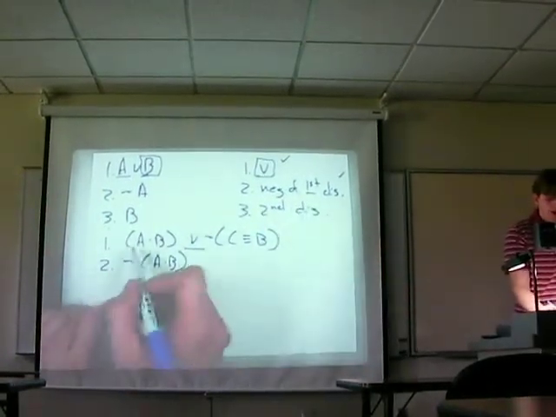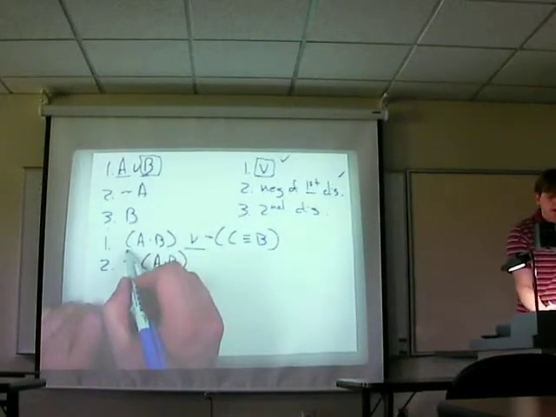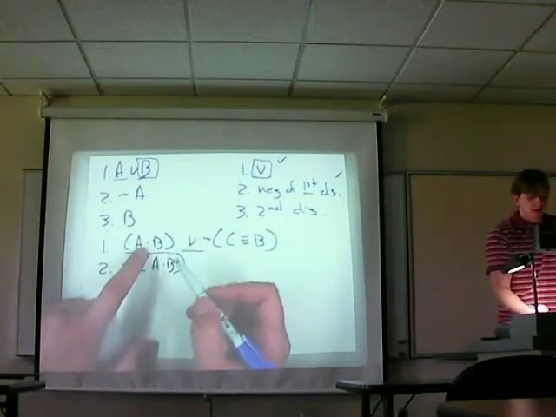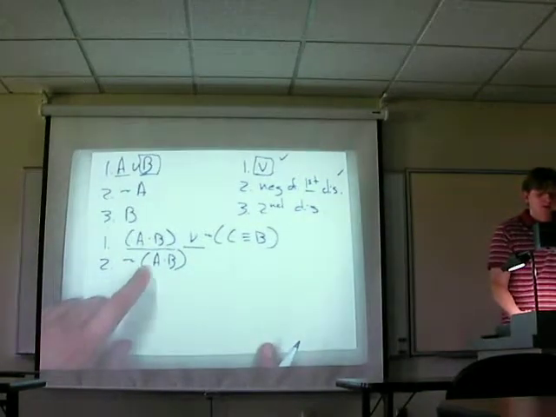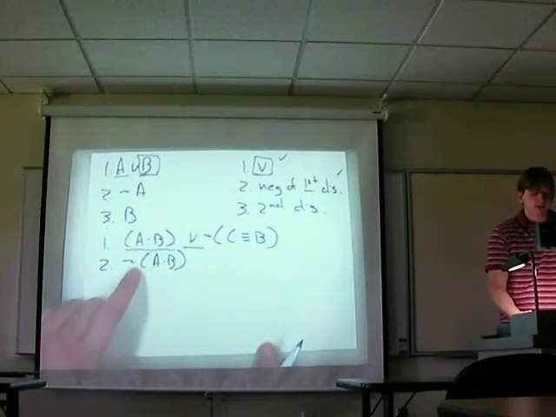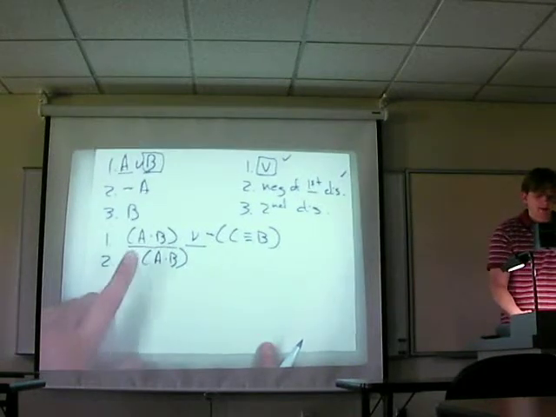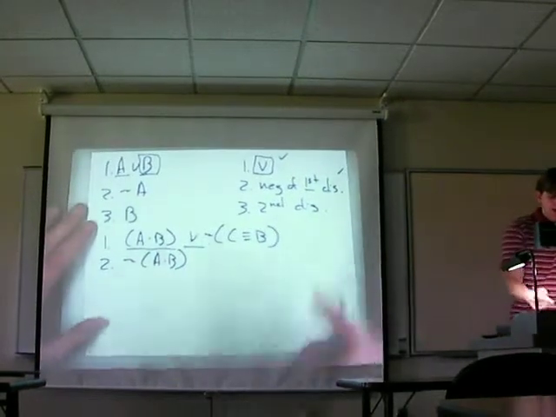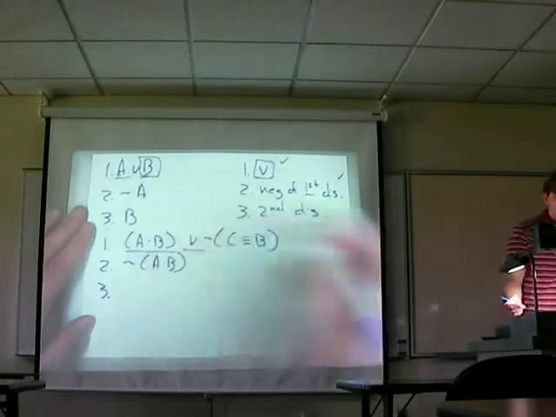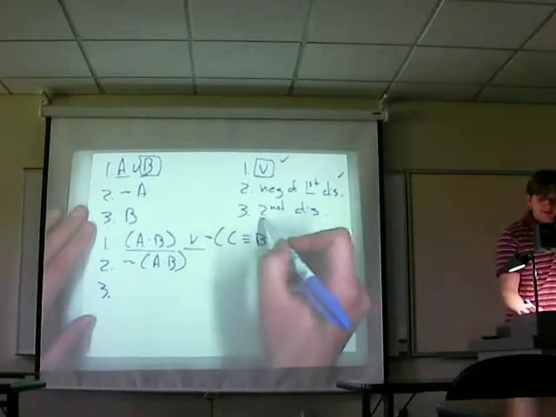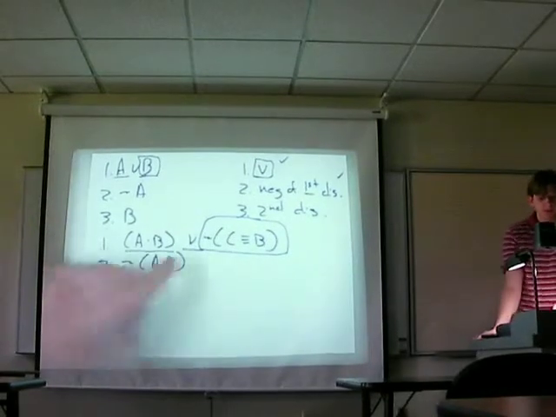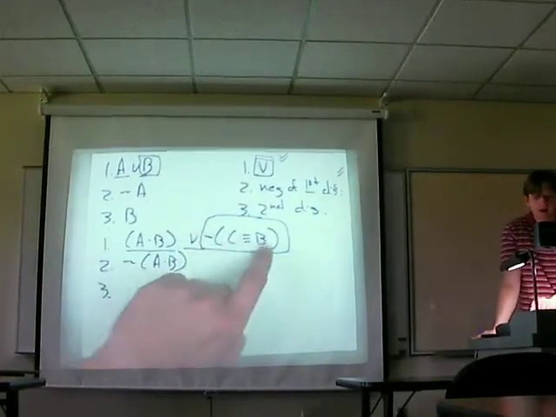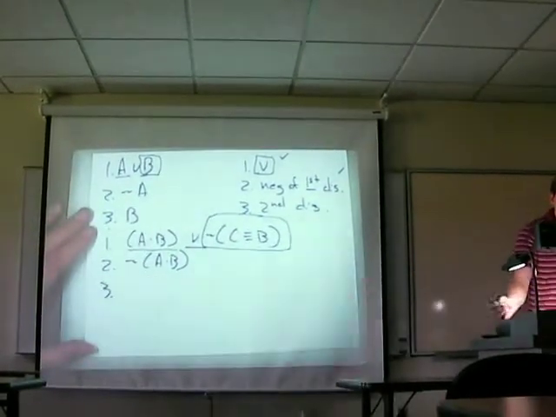Our first disjunct, everything to the left of that main operator in line number 1, is A and B, and here in line number 2 we have the negation of that, with a tilde on the outside of the parentheses, negating the entire statement, not (A and B). And what we're allowed to get out is the second disjunct. In this case, the second disjunct is everything to the right of the wedge, not (C triple bar B). So that's precisely what we get out.